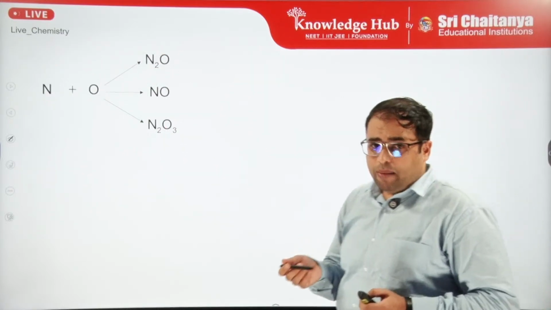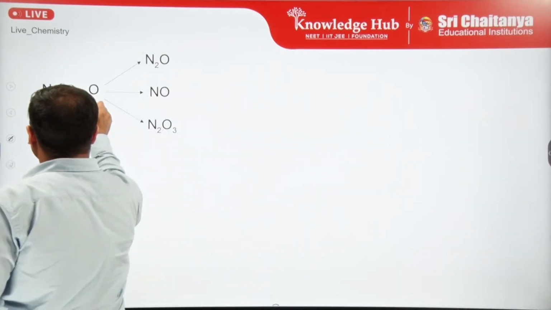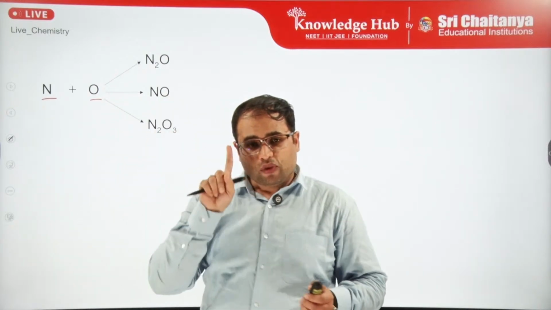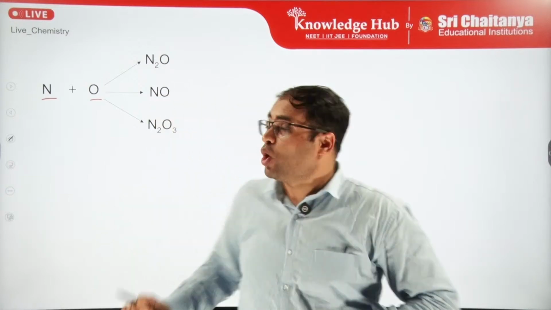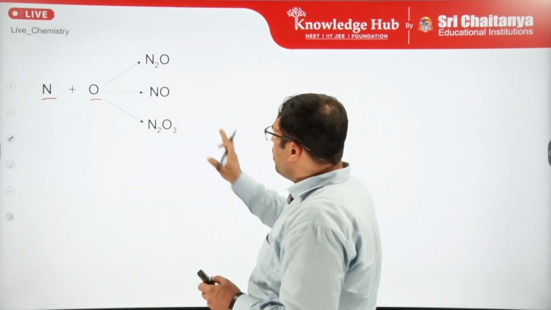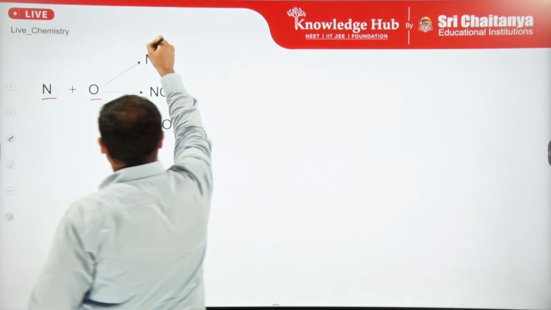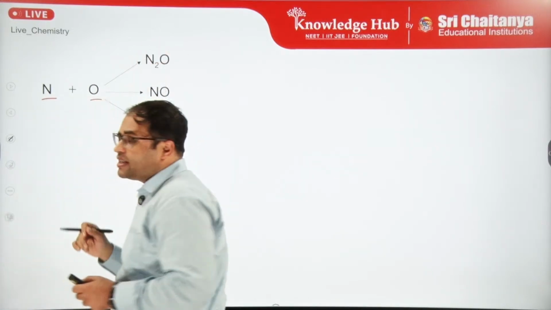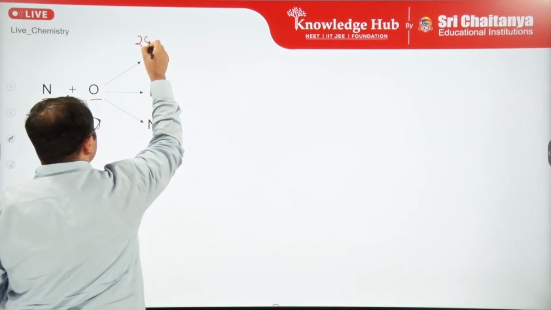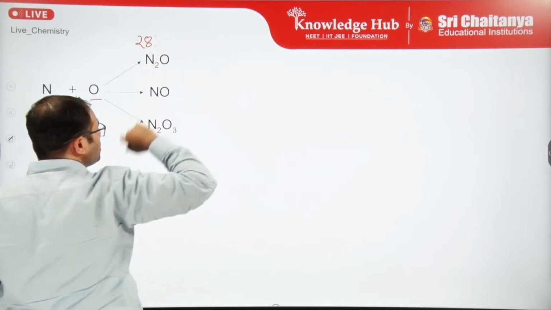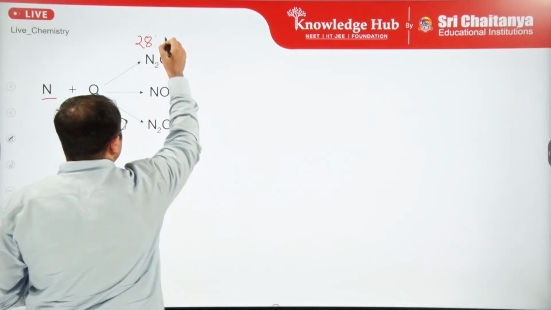So let me take another example of two elements, nitrogen and oxygen. So first step, what will you do? You will fix the mass of one element. Now if you can see here, nitrogen has mass 14. So if you have two nitrogens, here the mass is 28 is to oxygen's mass 16.